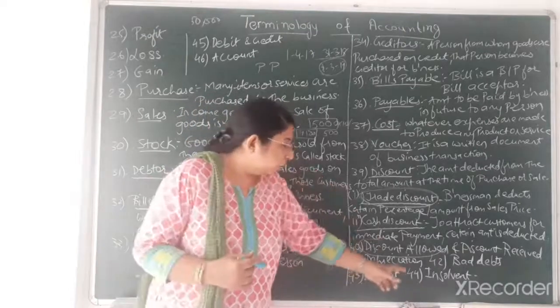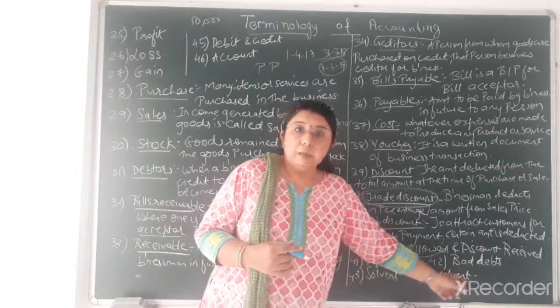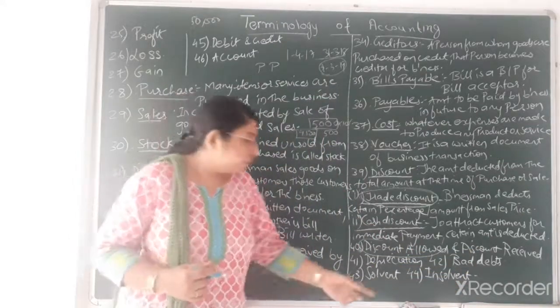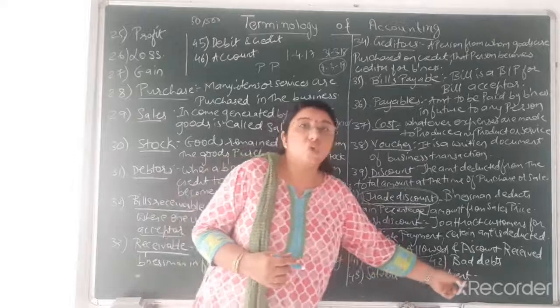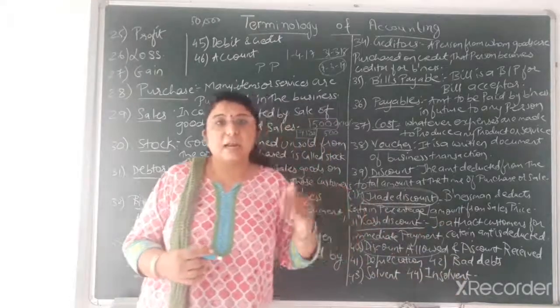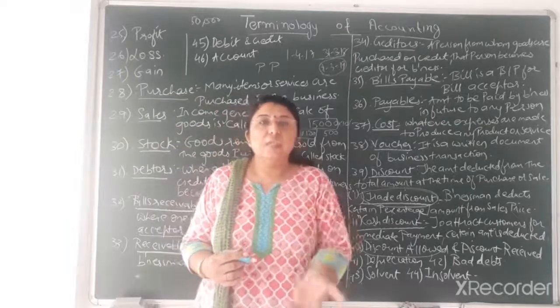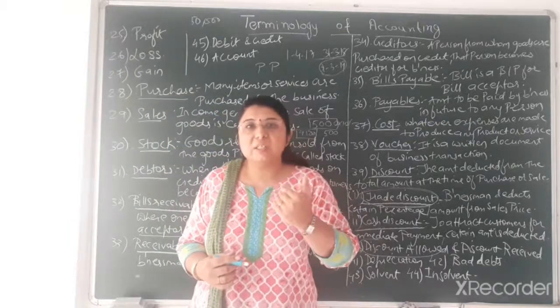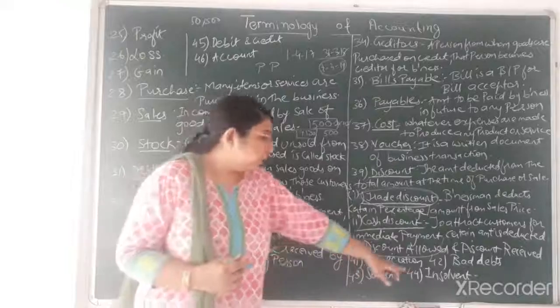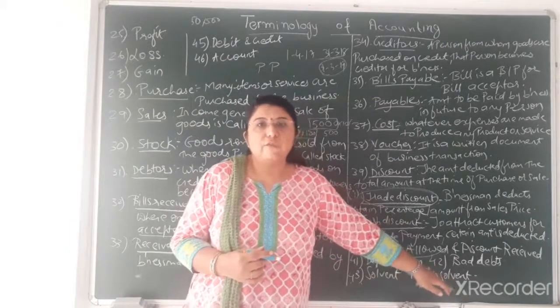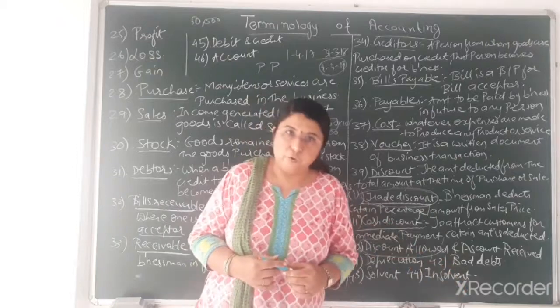That type of person is called insolvent, whose assets are less and whose liability to pay is more compared to his assets or income. Then it is called insolvent. That is called poor financial status of the firm.